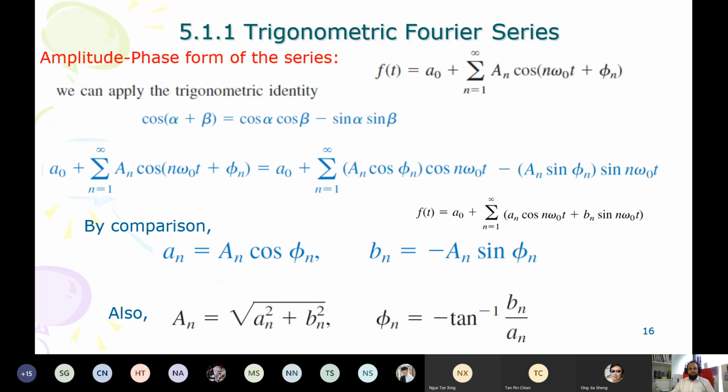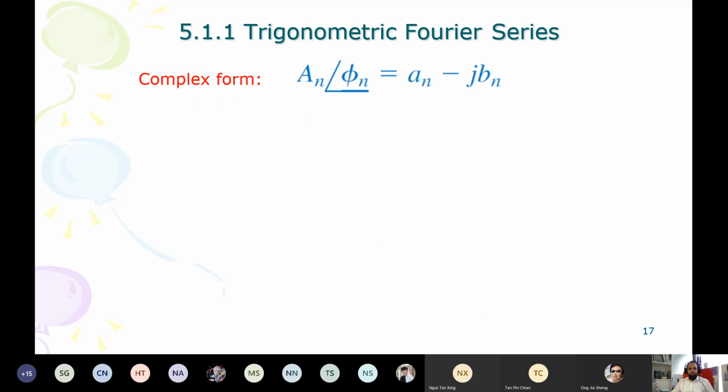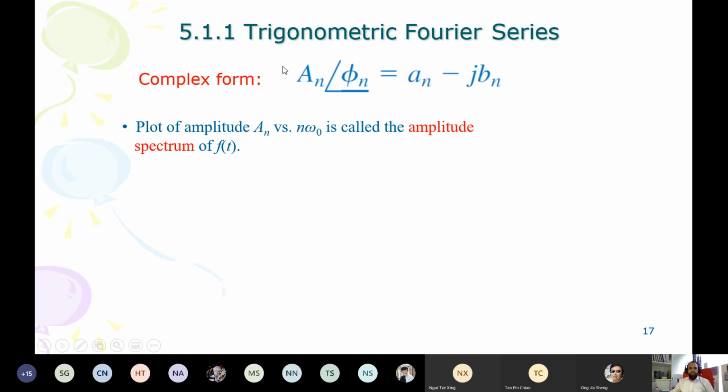So far we have done just the definition, and we will use the definition to use Fourier transform in expressing any signal into these coefficients. And when we want to plot An and phi n against the frequency, it will be the amplitude spectrum.